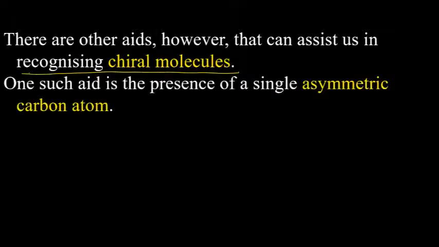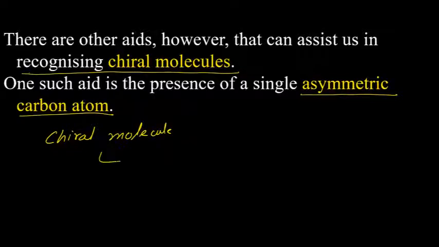There are other aids, however, that can assist us in recognizing chiral molecules. As I said, one such aid is the presence of a single asymmetric carbon atom, which means a chiral molecule will have at least one asymmetric carbon atom.